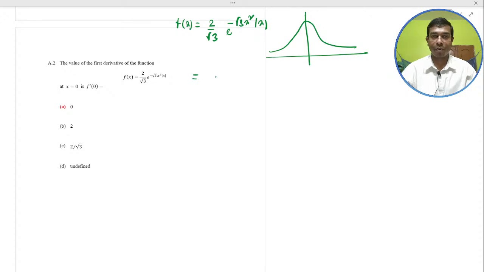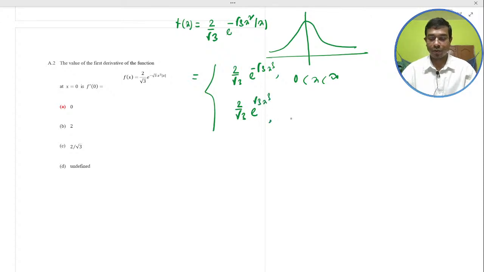This is written in the form: 2 by square root 3 e to the power minus root 3 x cube when x ranges 0 less than x less than infinity, and 2 by root 3 e to the power root 3 x cube when minus infinity less than x less than 0. This is the two parts.